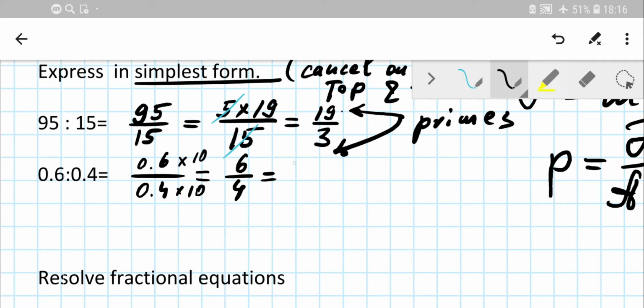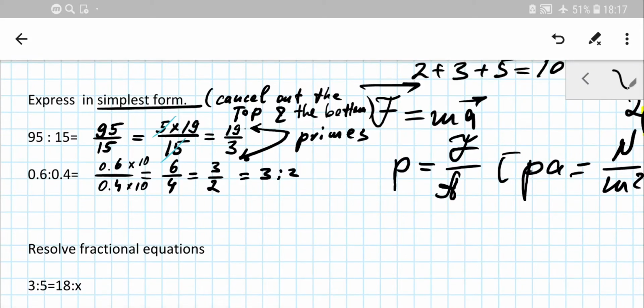So 6 over 4, the simplified version is 3 over 2. You can rewrite it as a ratio through the division sign, 3 to 2. That's the simplest form. I hope you understand what it means to present your answer in the simplest form.